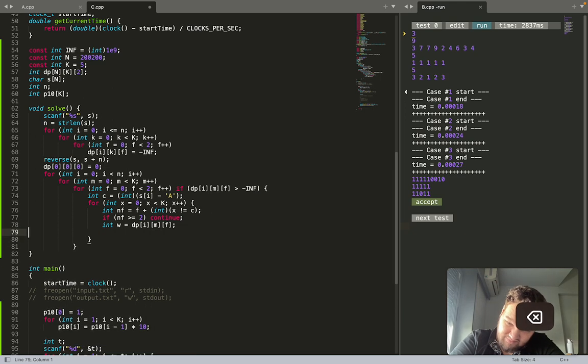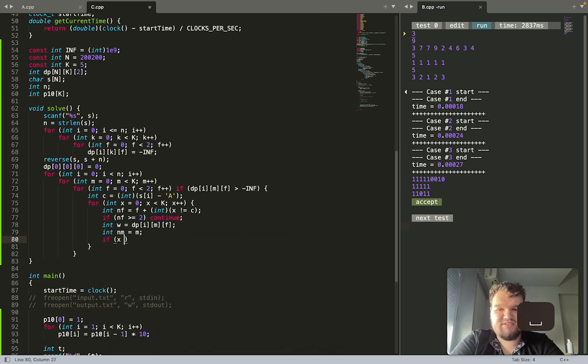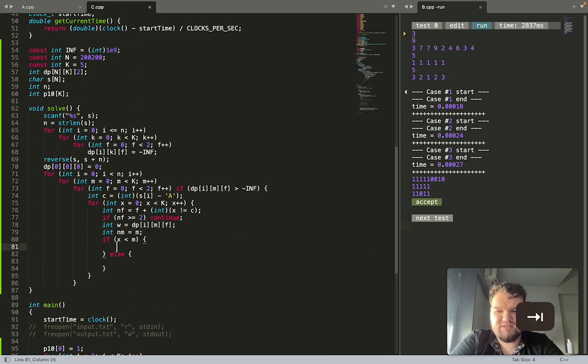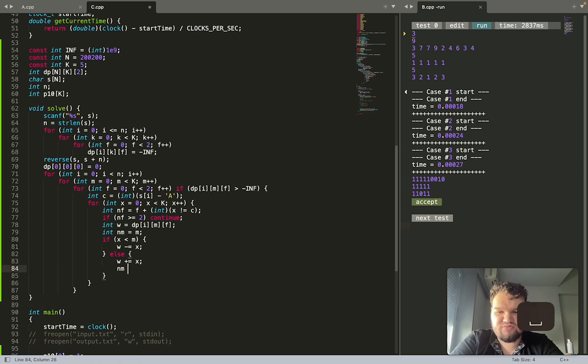So if x is smaller than the maximum we encountered before, then it will have minus sign and it will not change the maximum. Otherwise it will have the plus sign and it will change the maximum.